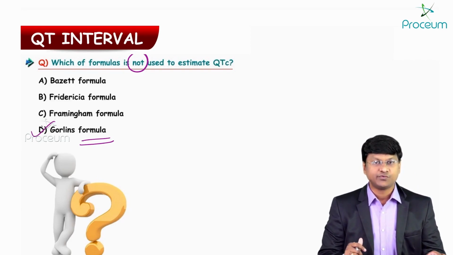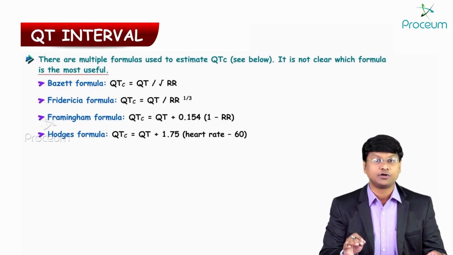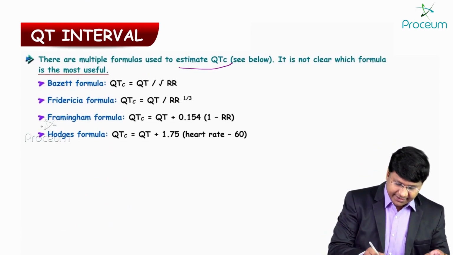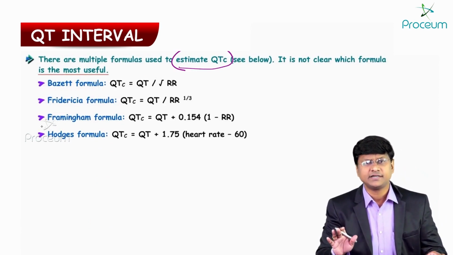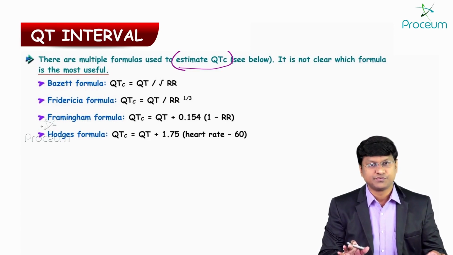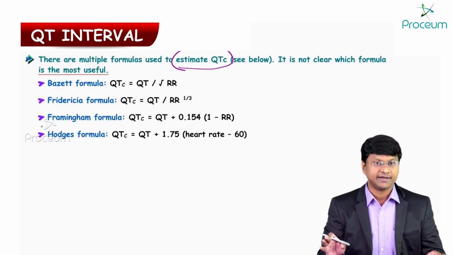Now what are all the various formulas? Let me show you. These are multiple formulas used to estimate the corrected QT interval. It is not clear which formula is the most useful, but these are the various formulas. Bézet formula: QTC is equal to QT by root of RR interval.